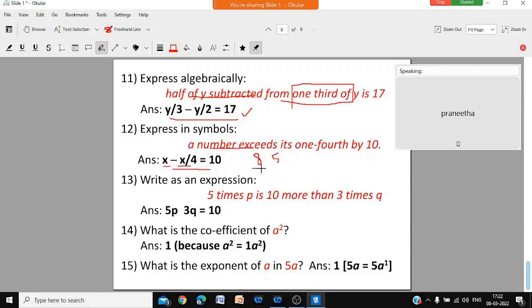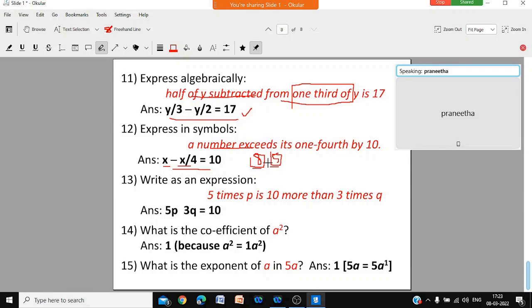One number is 8, one number is 5. 8 is more than 5 by how much? 3. Yes, 3.